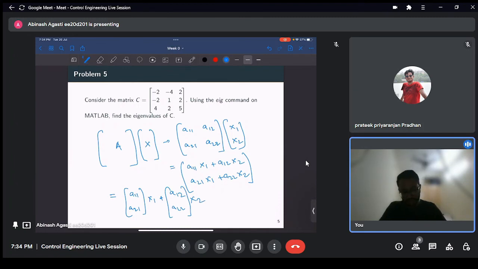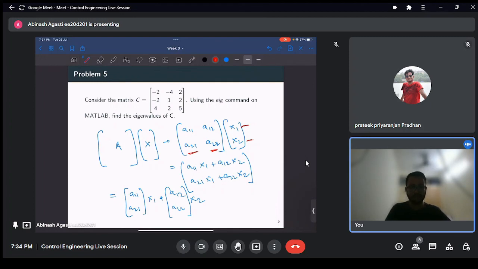Now, we can clearly see that the multiplication of a matrix with a column vector can be denoted as, this is the first column, this is the second column, this is the first element, this is the second element. So the first column is multiplied by the first element and the second column is multiplied by the second element, and the results are added in the matrix multiplication.